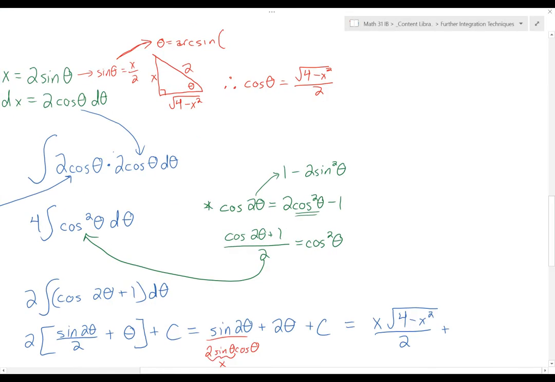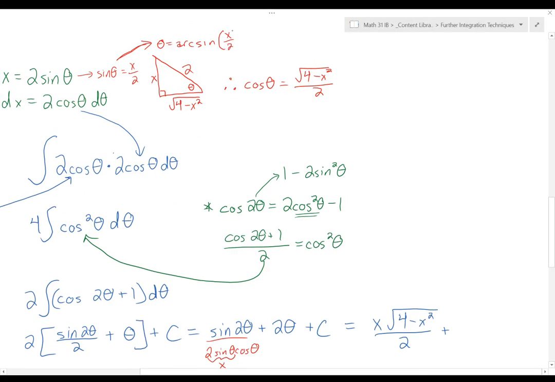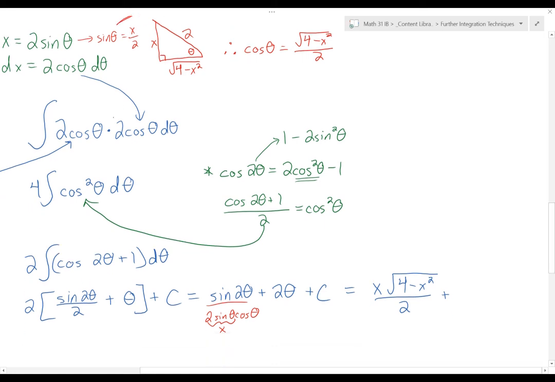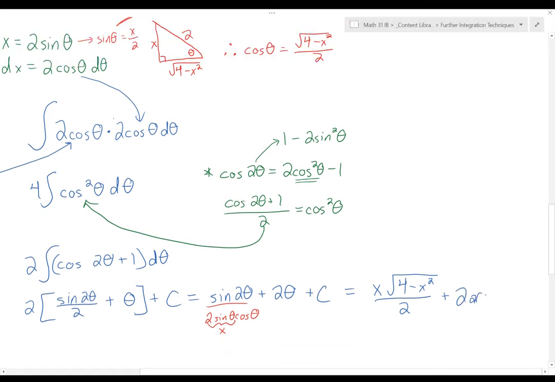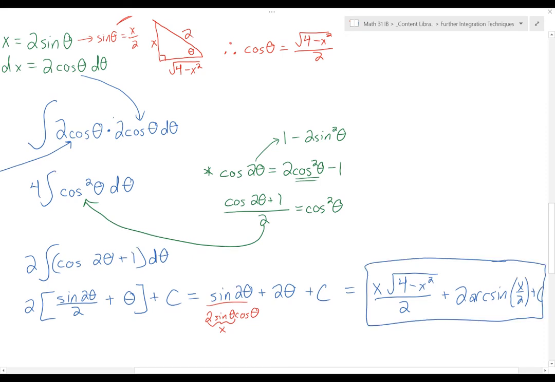So the arcsine of x over 2, but I've got a 2 as a coefficient, so this gives me 2 times the arcsine of x over 2, and of course plus c. So there is my antiderivative.